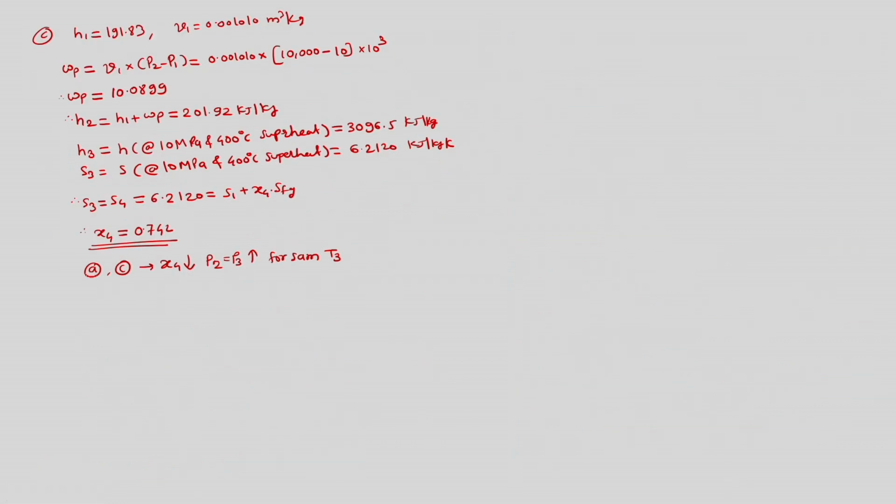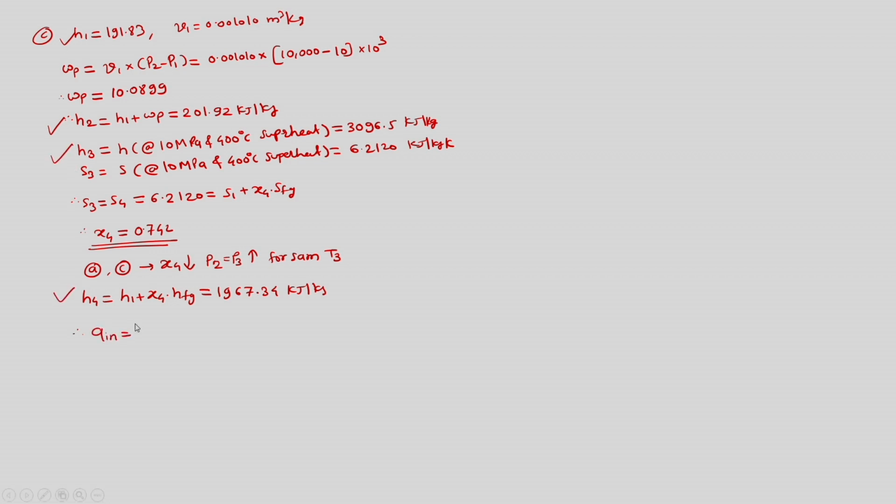Now we can move ahead and find H4, which is H1 plus X4 into HFG, and this gives us 1967.34 kilojoule per kg. So now we know everything: H1, H2, H3 and H4.